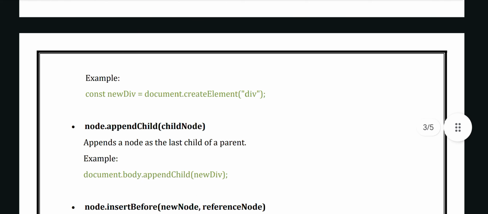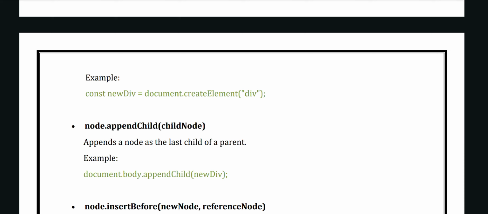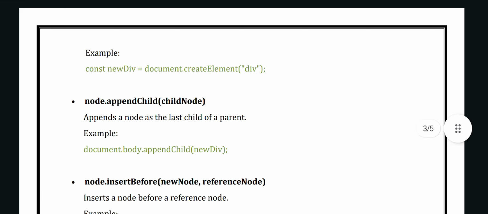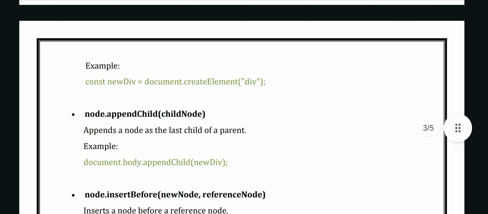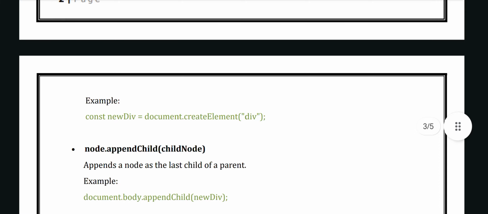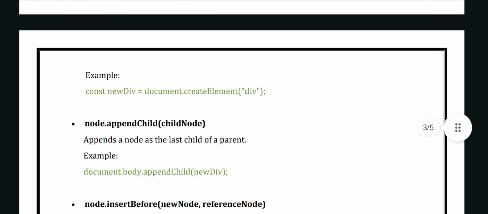Here we create a variable in which we call document.createElement('div'). In this method we create a div container, which is our HTML tag. In this example we only create that element, this div.